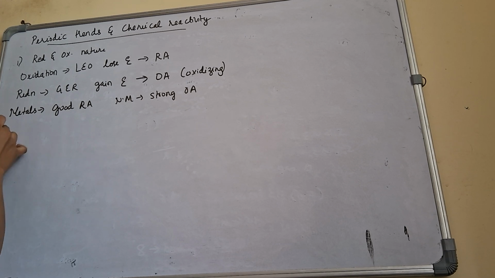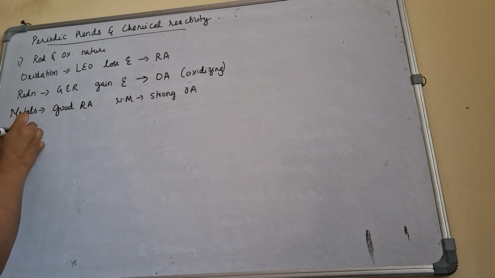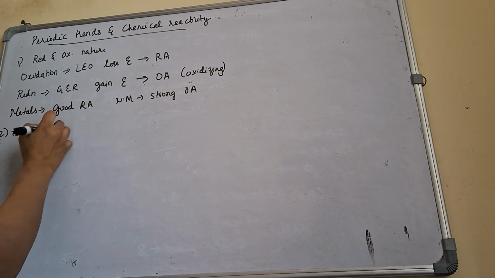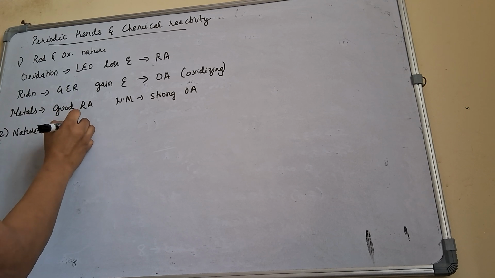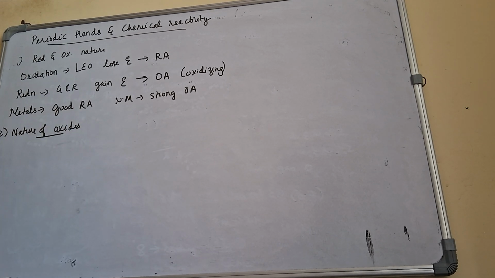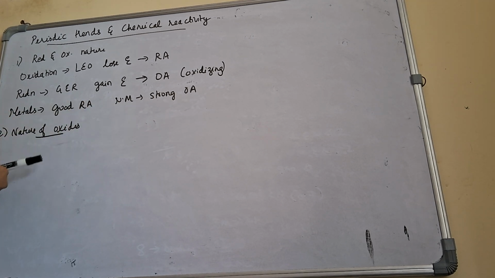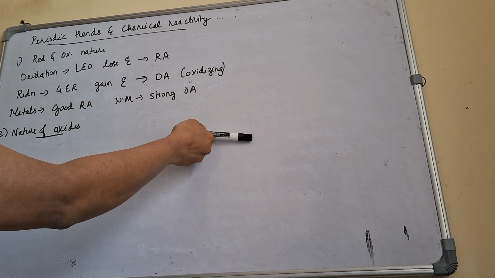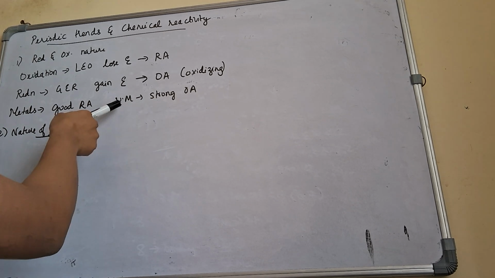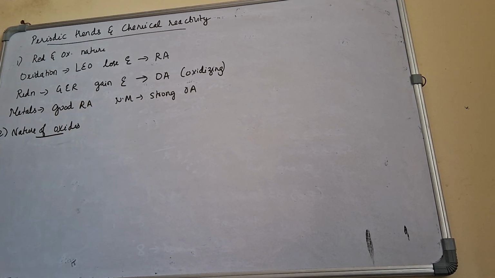Okay, and lastly, the second part is about the nature of oxides formed. So if I talk about this from left to right, you can now understand that the reducing power of metals is decreasing and oxidizing power is increasing. But they will not ask you this, only remember this one.